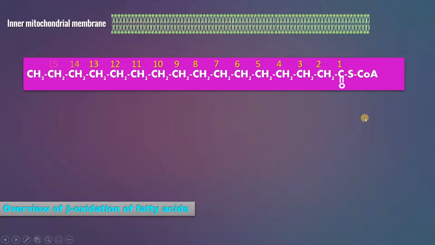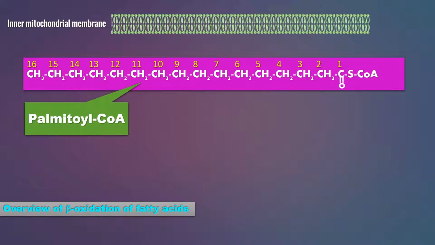So this fatty acid contains 16 carbon atoms. The name of this fatty acid is palmitic acid. Since it is activated by coenzyme A, we can call it palmitoyl-CoA.